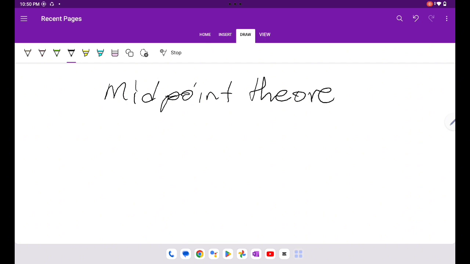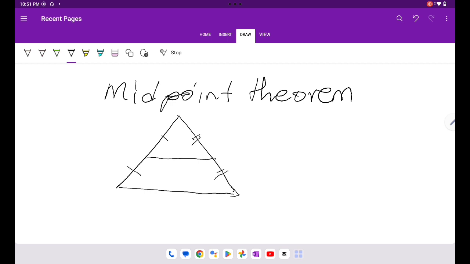We are not going to prove this theorem right now, but the midpoint theorem states that if we have a line which joins the midpoints of two sides of a triangle, remember a triangle has three sides, so this is the line, it's the midpoint of this side, and it's also the midpoint of that side.